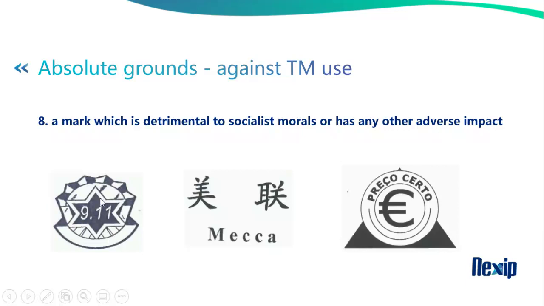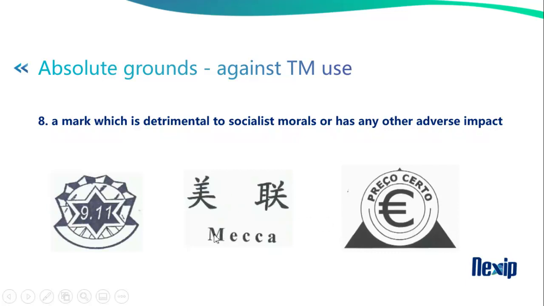It cannot be registered and used as trademarks in China because the China authorities feel this may encourage terrorism, which is detrimental to socialist morals or has other bad influences.